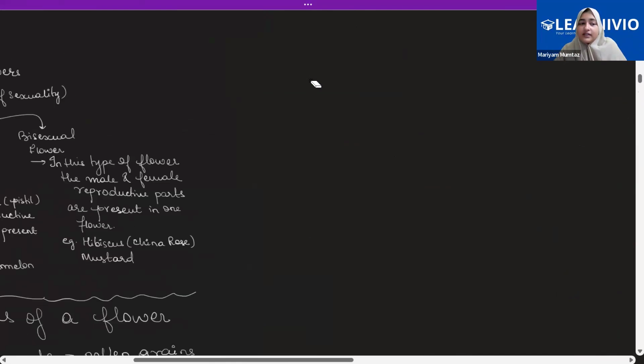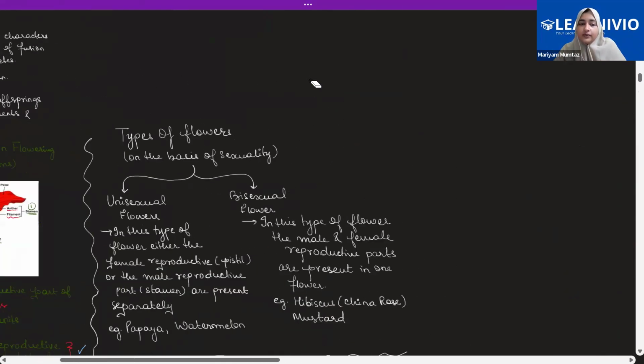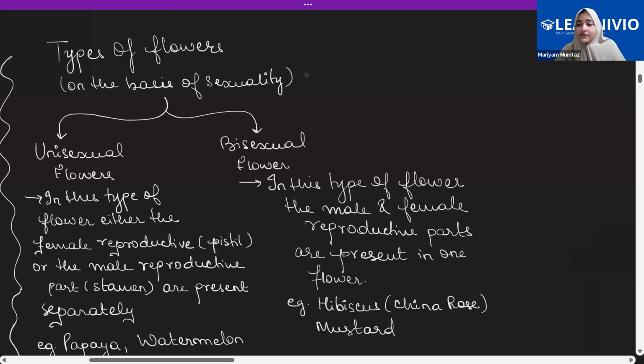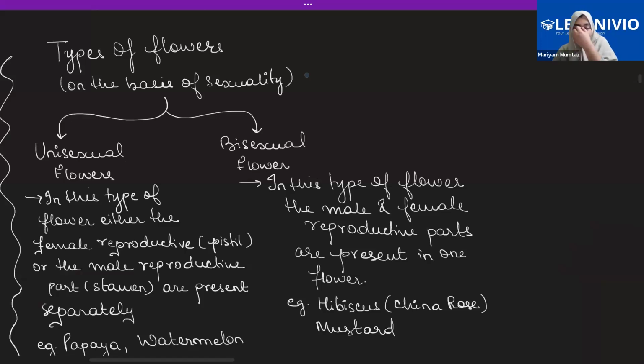Furthermore, depending upon the sexuality, the flower is of two types, unisexual and bisexual. Uni means one. So one flower will either have the female reproductive part only, or the male reproductive part only.